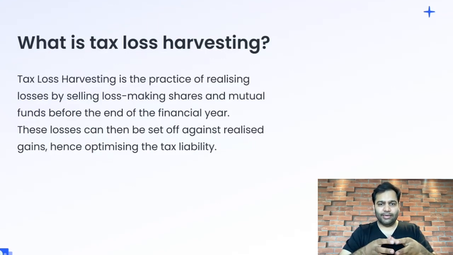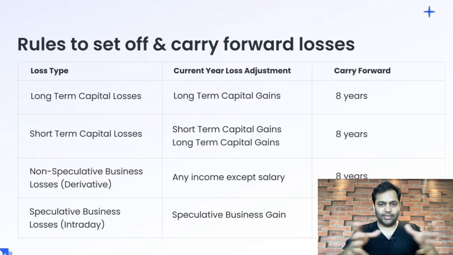The other important thing is you have to do tax loss harvesting across your portfolio and not just one demat account, right? So when you are doing tax loss harvesting, you will have to consider your realized profits and losses across your entire portfolio, and similarly your notional profits and losses across your entire portfolio. Now, what are the rules around setting off losses, right?